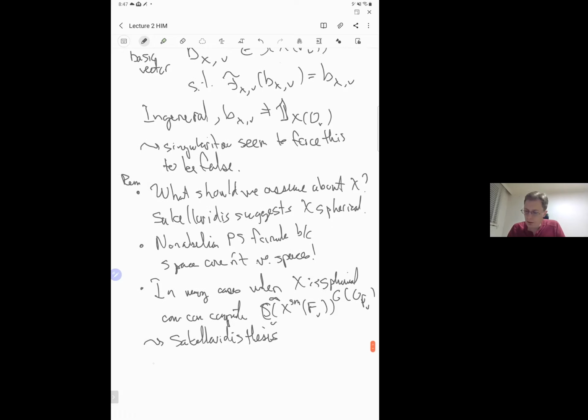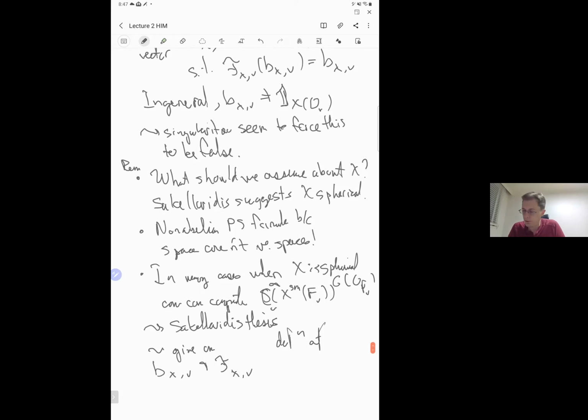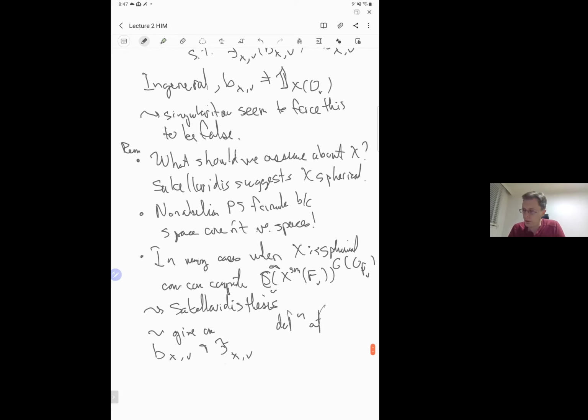And this allows you to give an ad hoc definition of the basic function in XV. And in fact, maybe ad hoc is not the right word here, because the basic function will be the correct thing. It is what it is. You'll be able to write down what you want here.